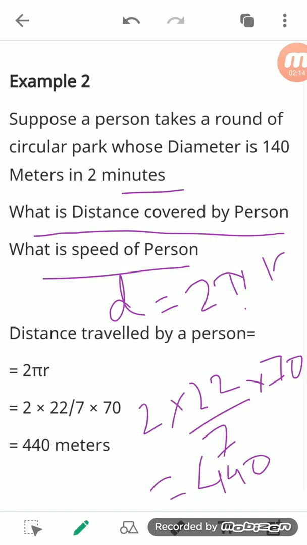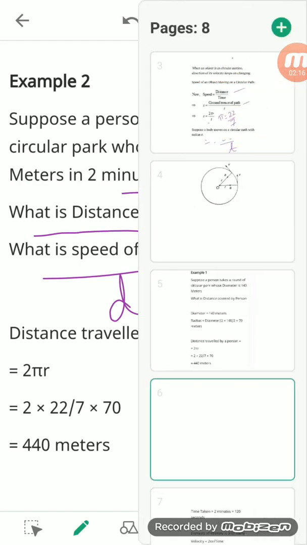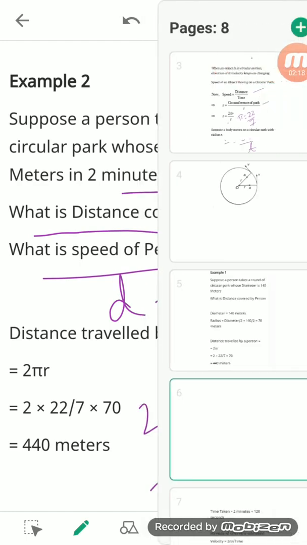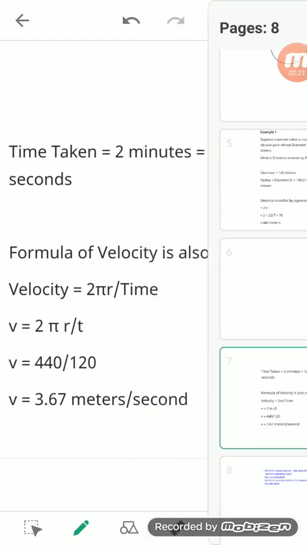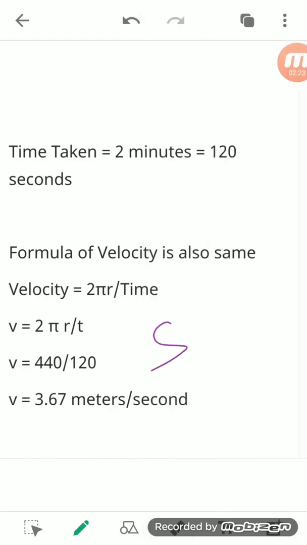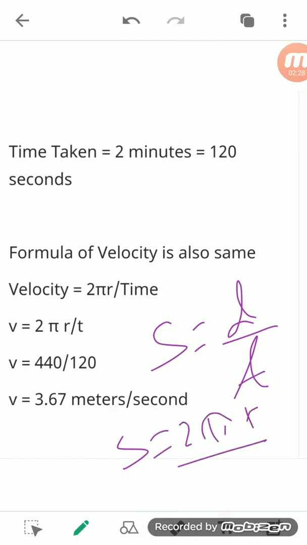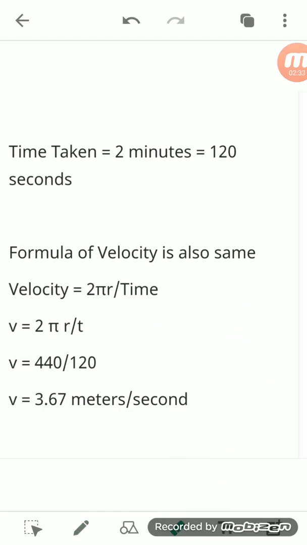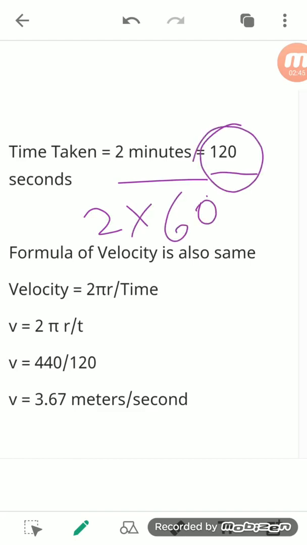Now we have to find the speed of the person. Speed is equal to distance upon time, or 2 pi r upon time. The time taken is given in minutes, so we have to convert minutes into seconds: 2 into 60 seconds, which equals 120 seconds.